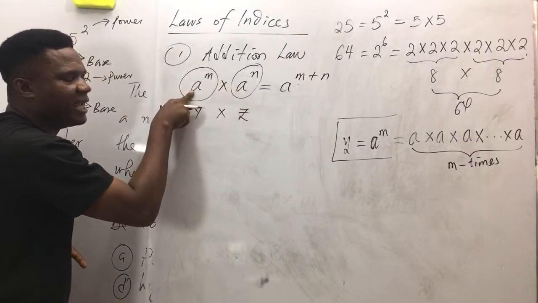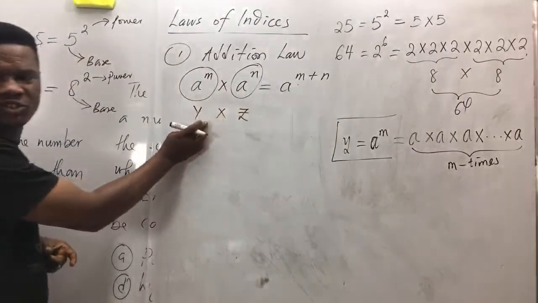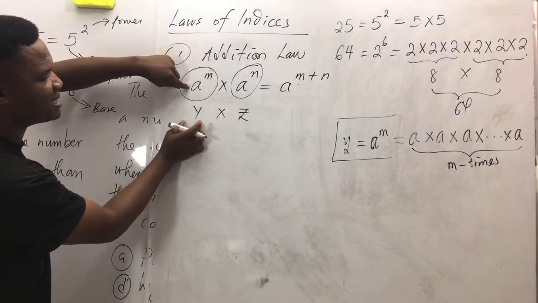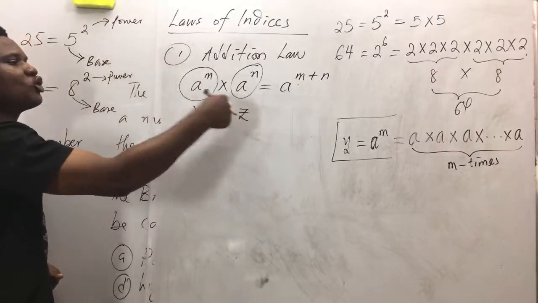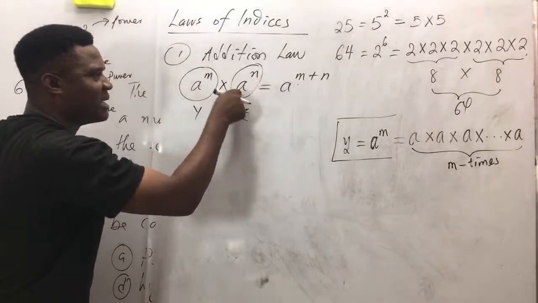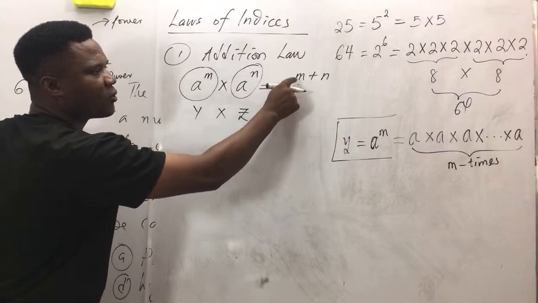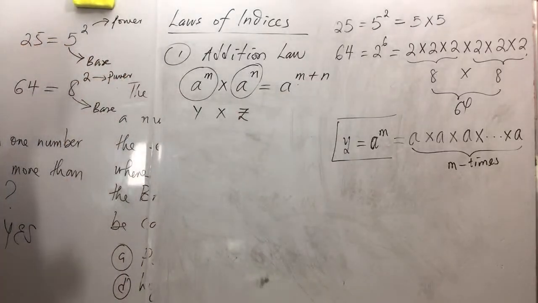Take note, a is the base here and a is the base. So if it is possible to write y in an index form such that the base is a, having a raised to power m, and you can also write z in index form as a raised to power n, the same base, then the result will be a raised to power m plus n. So this law is called the addition law.